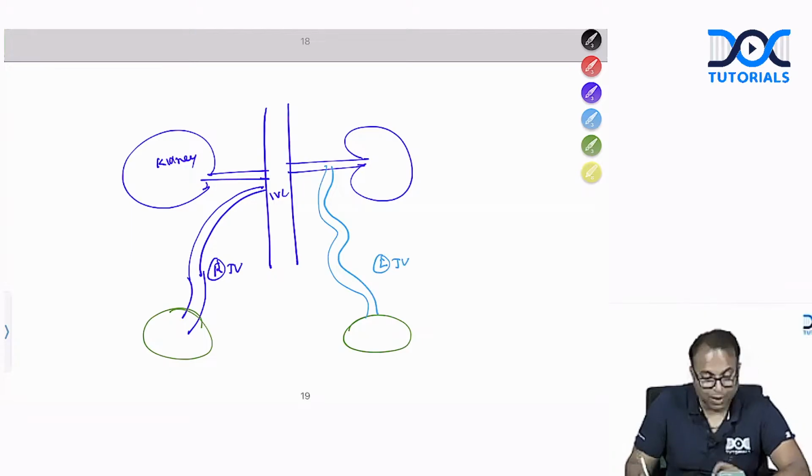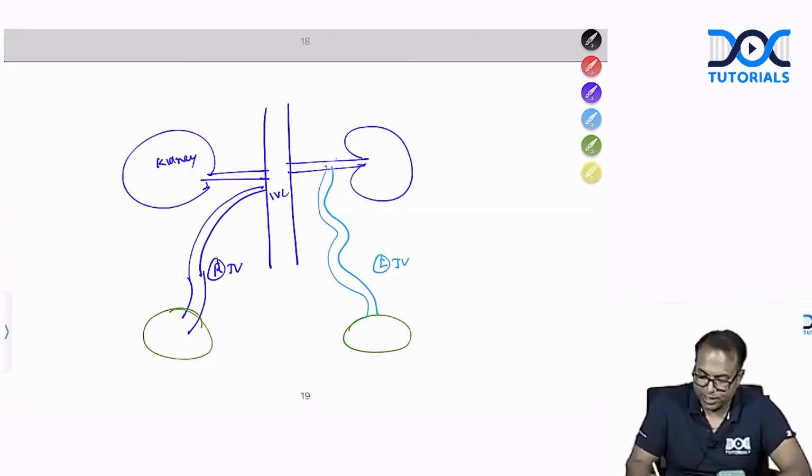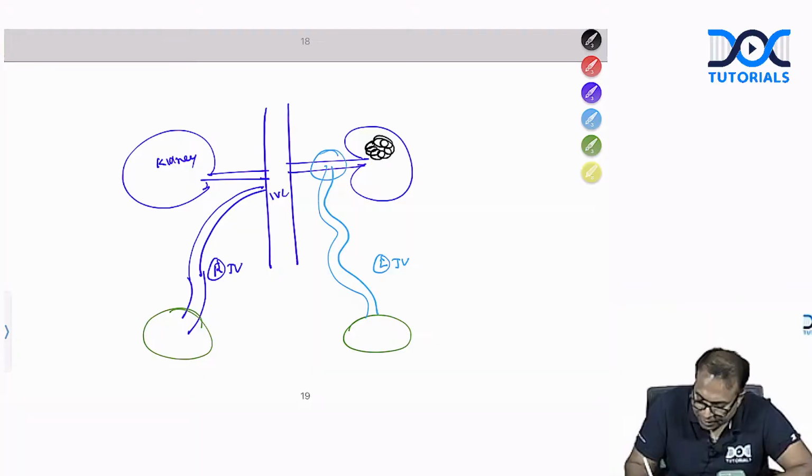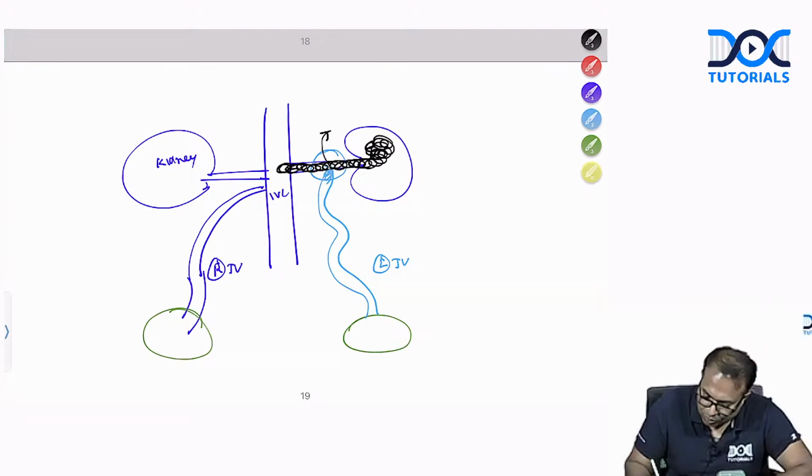Please remember, the right testicular vein directly joins the IVC, whereas the left testicular vein joins into the renal vein. Therefore, if there is a cancer in the kidney and it grows into the renal vein, it can obstruct this route of drainage. Therefore, suddenly they will develop acute varicocele.